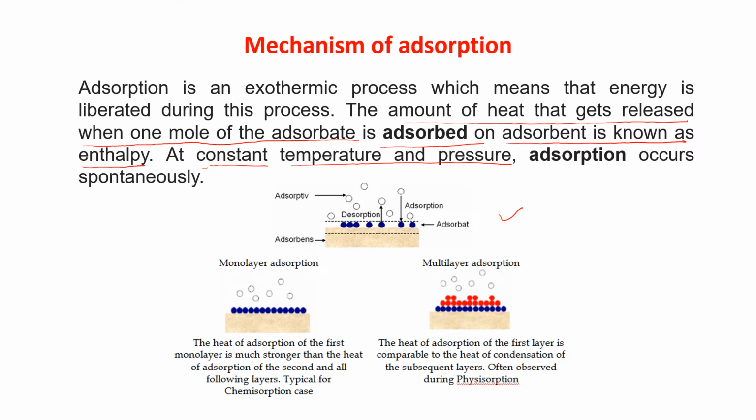Now, see this figure. This is an adsorbent. This is the adsorbate particle. Now, when the adsorbate particles are coming, suppose this one, it is getting attracted by the surface of the adsorbent, and they are forming a single layer. See, this is the single layer. This is known as monolayer adsorption. The first one is the case of monolayer adsorption.